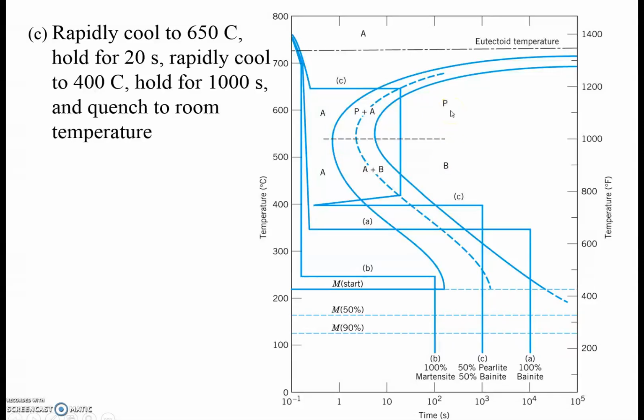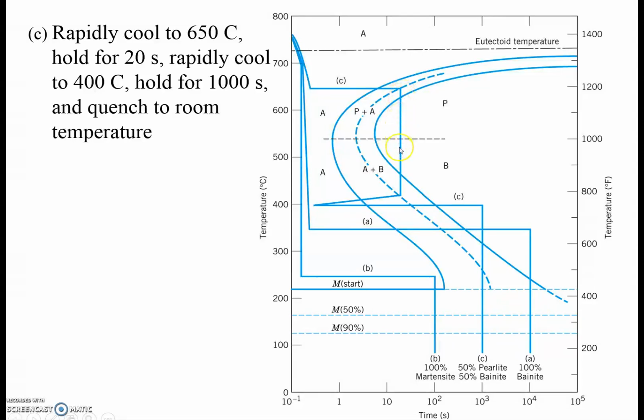There's a slide earlier that indicates that perlite cannot transform to bainite, and neither can bainite transform to perlite. Perlite is only obtained from austenite, as well as bainite is only obtained from austenite.